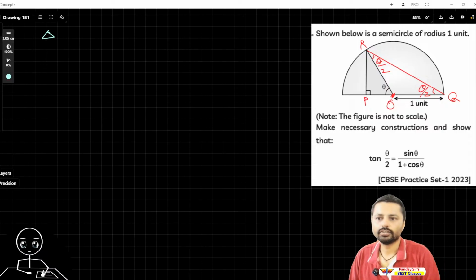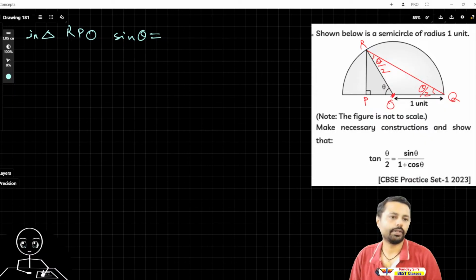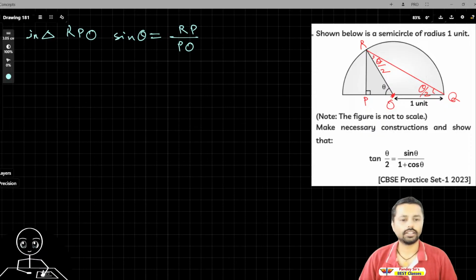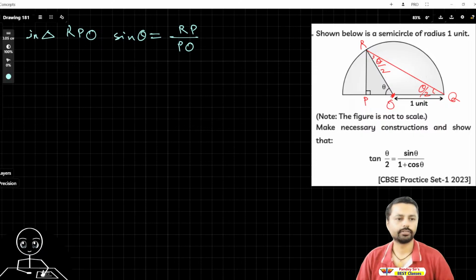In triangle RPO, sin theta equals perpendicular by hypotenuse. So that is RP by OP. Then RP equals sin theta.